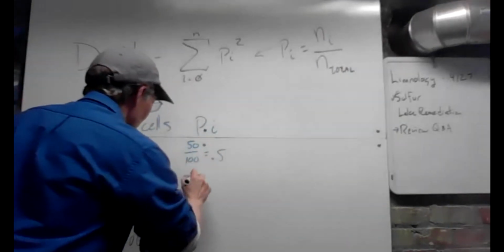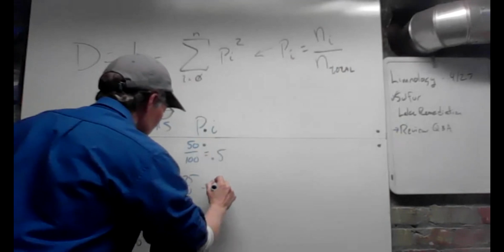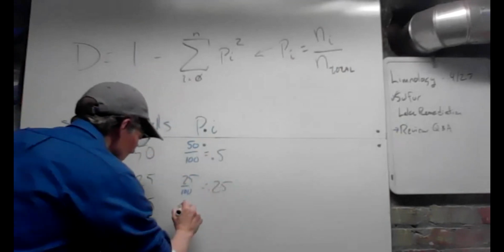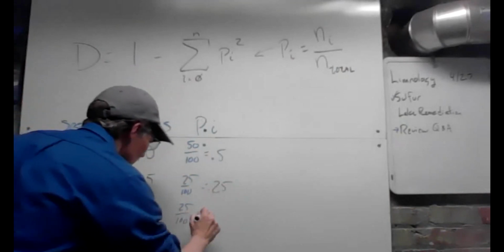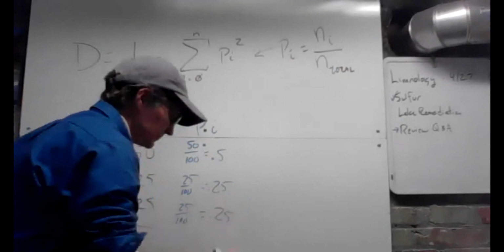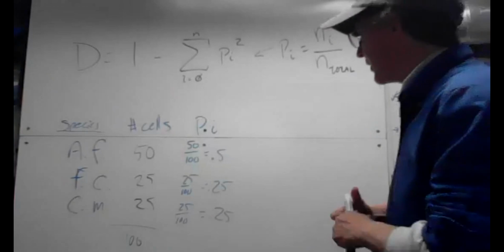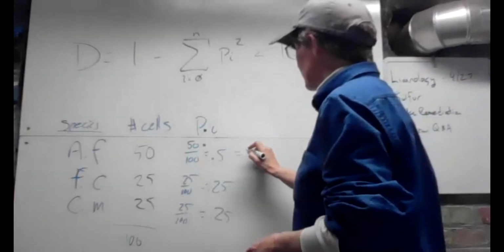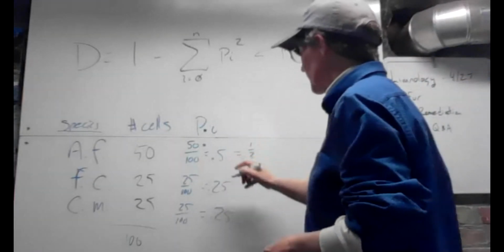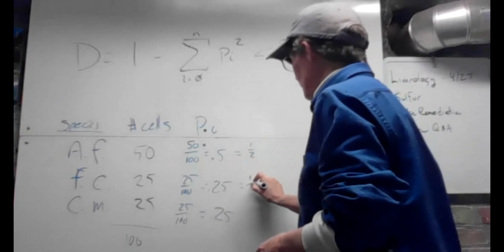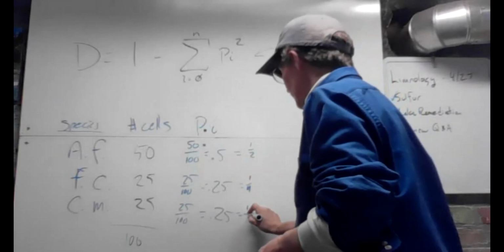This is 25 over 100. And this is 25 over 100. Like I said, it's pretty easy. Or, you know, it's even easier, I like to use fractions. 50% is 1/2. That's a quarter. And that's a quarter.